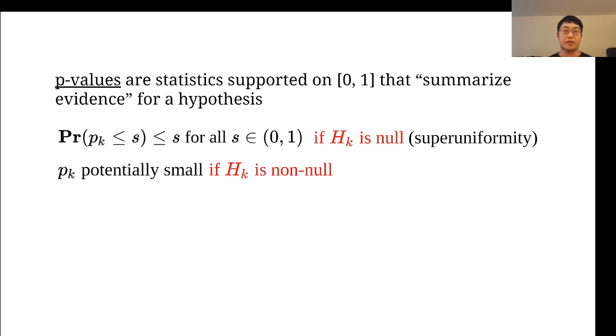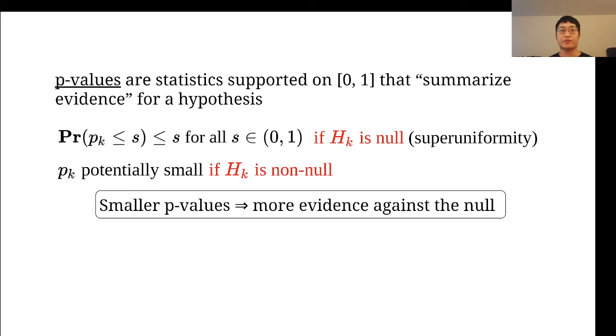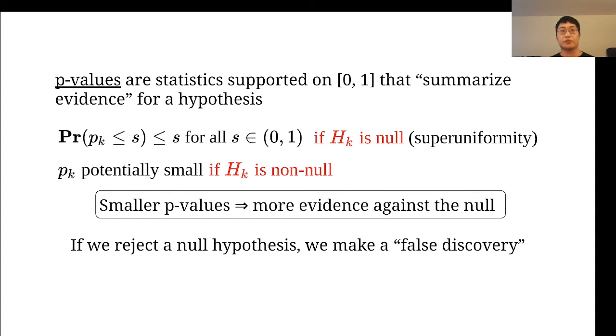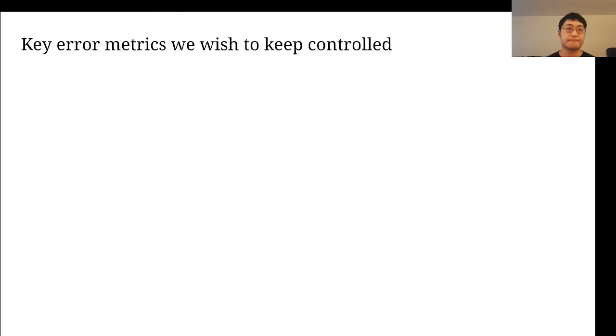Otherwise, we don't know the distribution of the p-value if the hypothesis is not null, but we would hope it is small, because from the previous setup, we can see that we generally reject hypotheses where the p-values are small. Consequently, small p-values provide more evidence against the null hypothesis. And if we do end up rejecting a p-value where the hypothesis is null, we call this a false discovery, because the hypothesis is not non-null, it's truly null, but we still reject it.